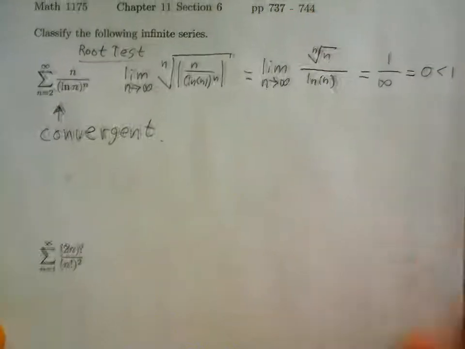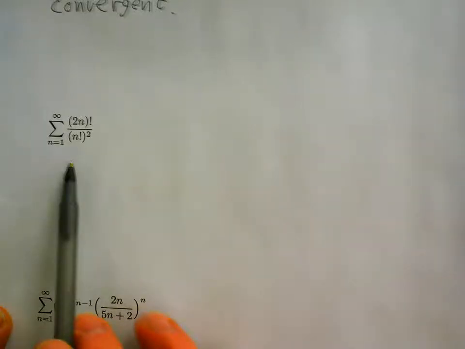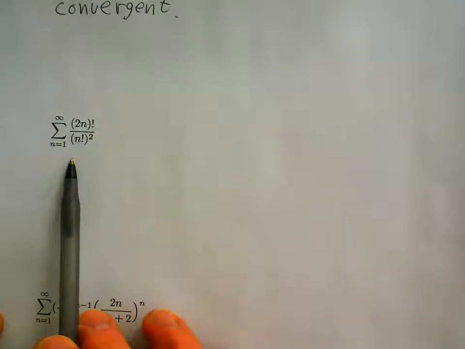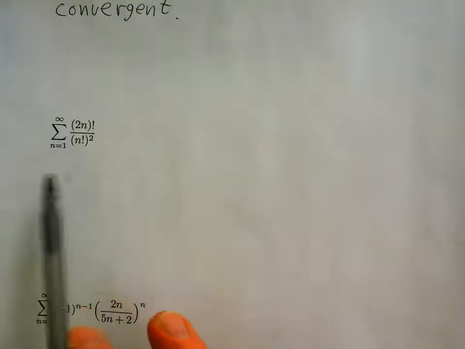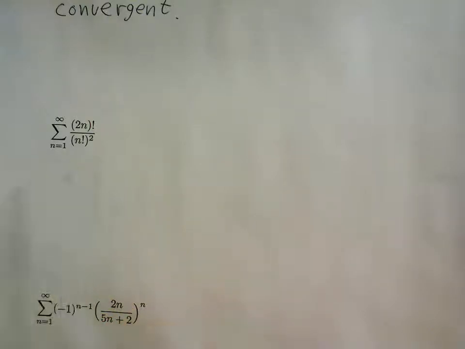All right, the next one. Any suggestions on what test to use for this series? The terms in the series are 2n factorial divided by n factorial squared.